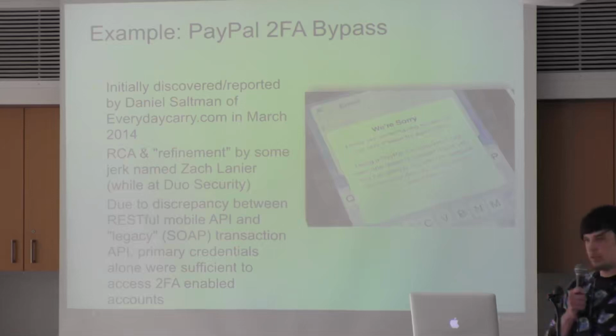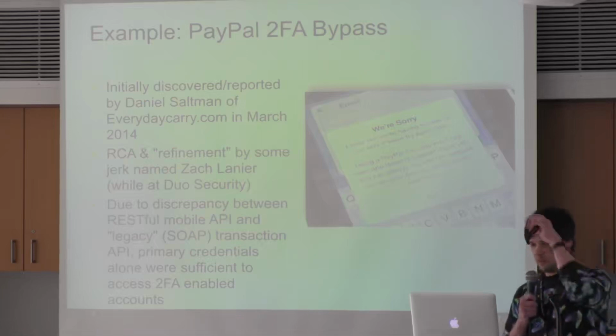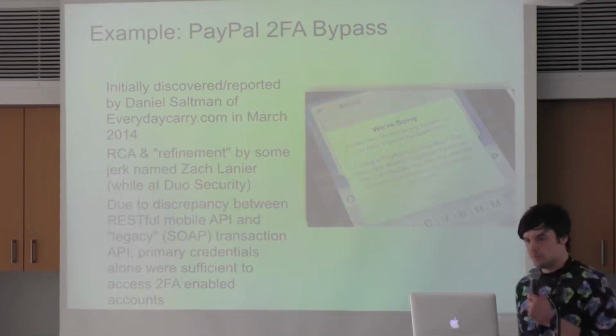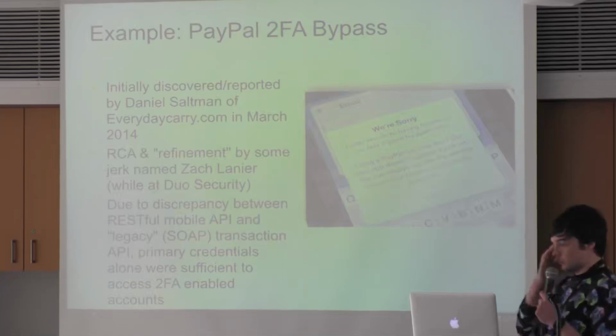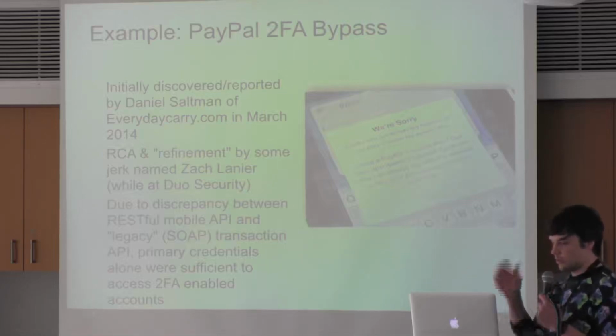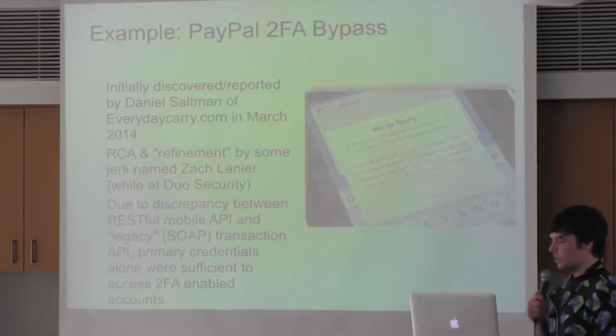They have this thing called Security Key. It's their two-factor auth. Apparently, no one really uses it anymore. There was a 2FA bypass, second-factor authentication, by the way, discovered and reported by Daniel Saltman in March of last year. I'll spare you all the disclosure details, but it came to us as a friend of the company, when I was at Duo.